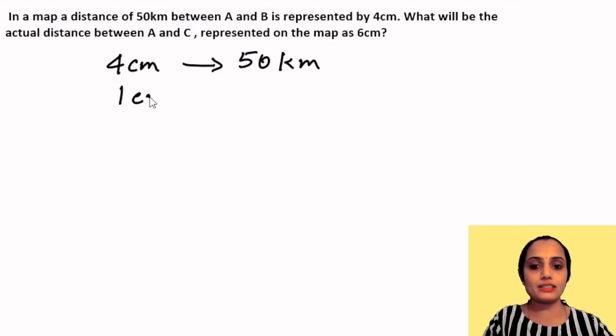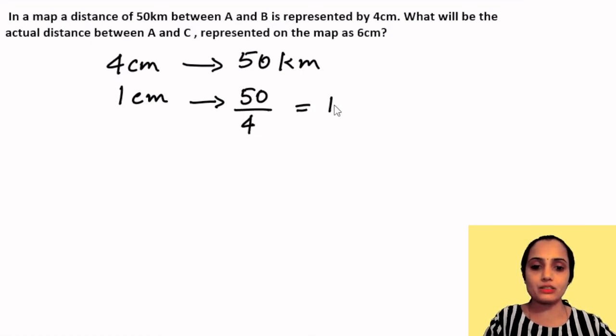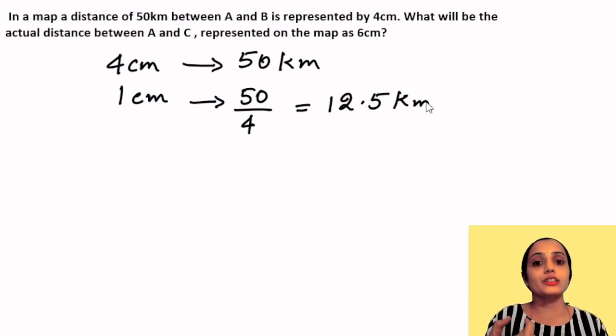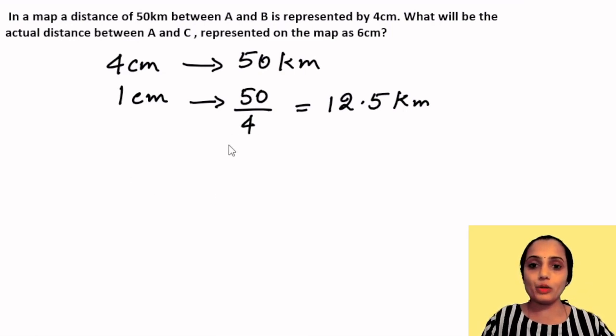So, 1 centimeter is going to be represented by 50 by 4, which gives us 12.5 kilometers. So 1 centimeter is representing 12.5 kilometers. This we have got as the unitary value, the value for 1 centimeter. So 1 unit is representing 12.5 kilometers.